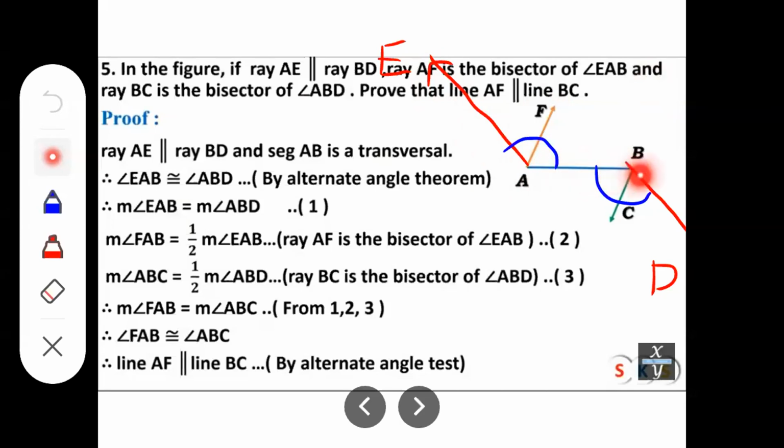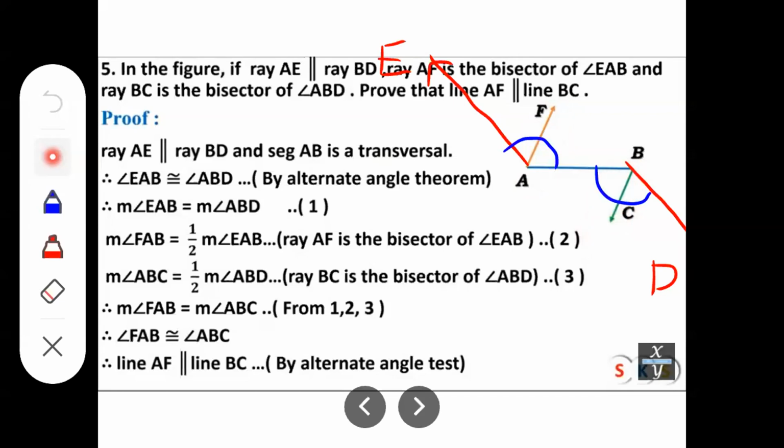Similarly, this green colored ray BC is the bisector of angle ABD, that is given. Now we have to prove line AF is parallel to line BC. These two angle bisectors are parallel to each other. We have to prove it.